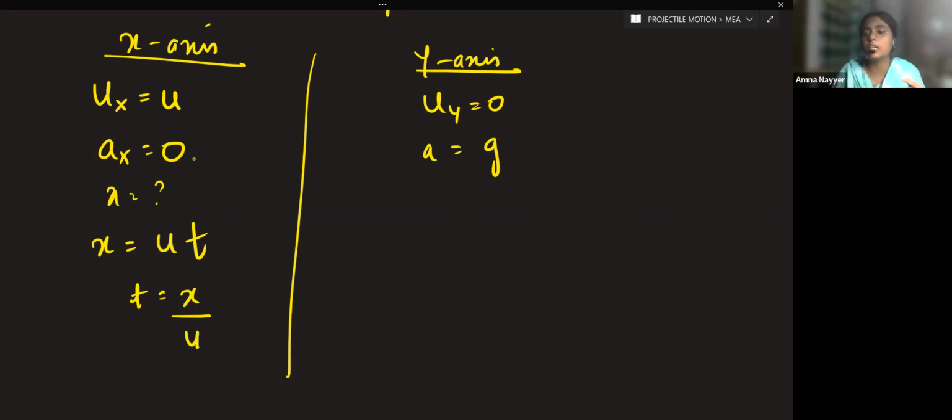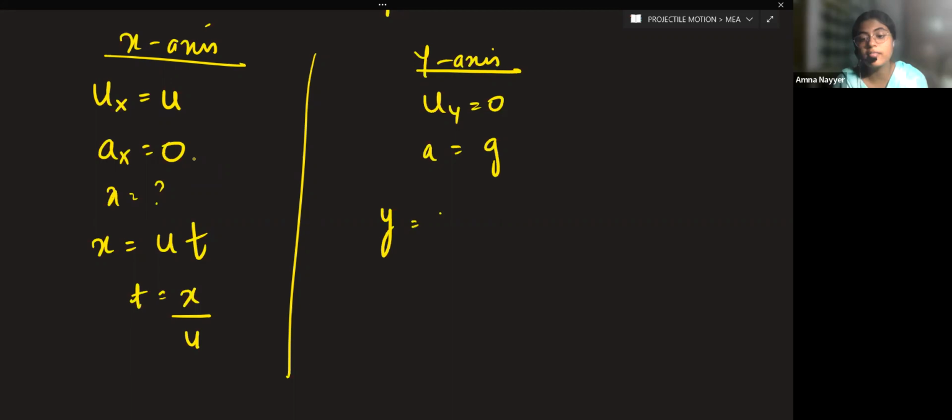Both were in opposite directions, so we had to choose one as positive and one as negative. Usually we chose downwards as negative, and that's why we could write a as minus g. But this time there is no component of velocity upwards along the y-axis. So everything is acting downwards. So why take downwards as negative? Take downwards as positive. So a is g.